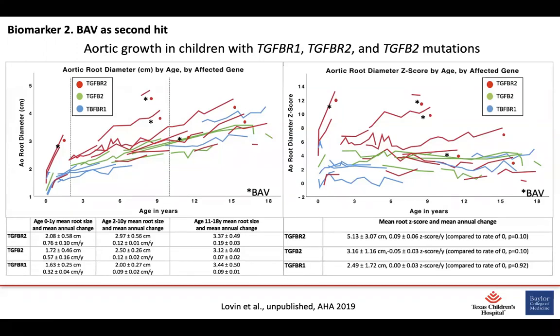So you can see in this cohort that bicuspid valve was only seen in our patients with TGF-beta2 variants. And in this cohort, certainly the presence of BAV on top of a TGF-beta2 variant was associated with much more rapid dilation. And one of these patients had a dissection. But again, that's not enough data to say that a BAV is a biomarker of dissection, because it's something present from birth. So it does say your overall lifetime risk is higher, but it's not something you follow and say, okay, I think you're more likely to have a dissection.